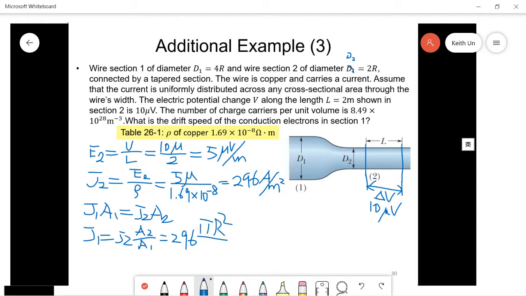Here should be 4 pi r squared. So the current density at section 1 is 74 A over meter squared.